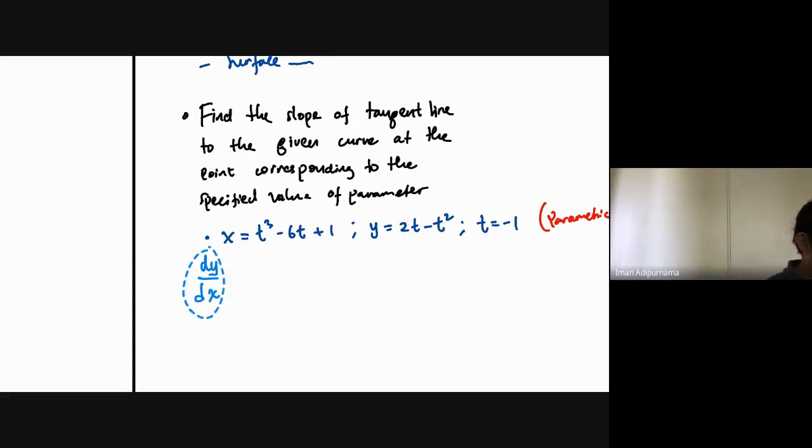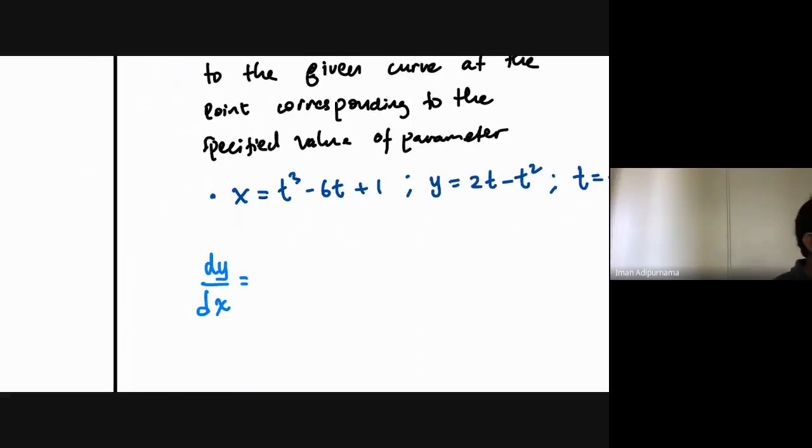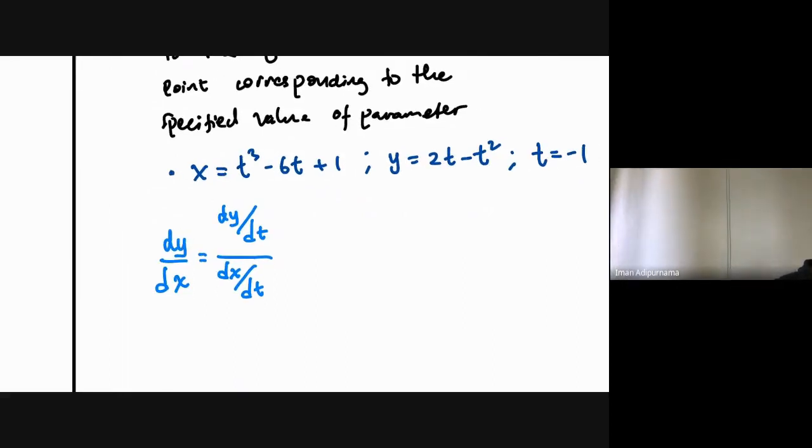And in parametric, it's actually quite simple if you see the relations. dy over dx, you can rewrite as dy over dt divided by dx over dt. You can remember the chain rule to confirm that this is correct. And then we just differentiate each equation with t.